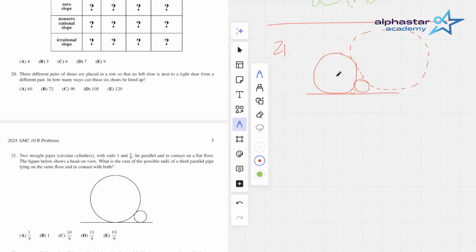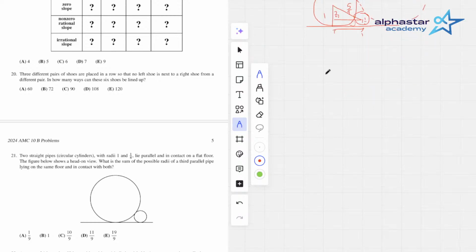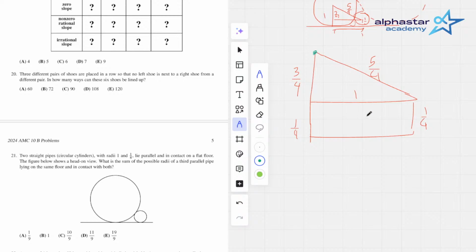So then, okay, what is this? 1/4, 5/4, 3/4, and this length would be 1. So let's enlarge that. 3/4, 1/4, 1, 5/4, 1/4. And the center of the circle is basically here.